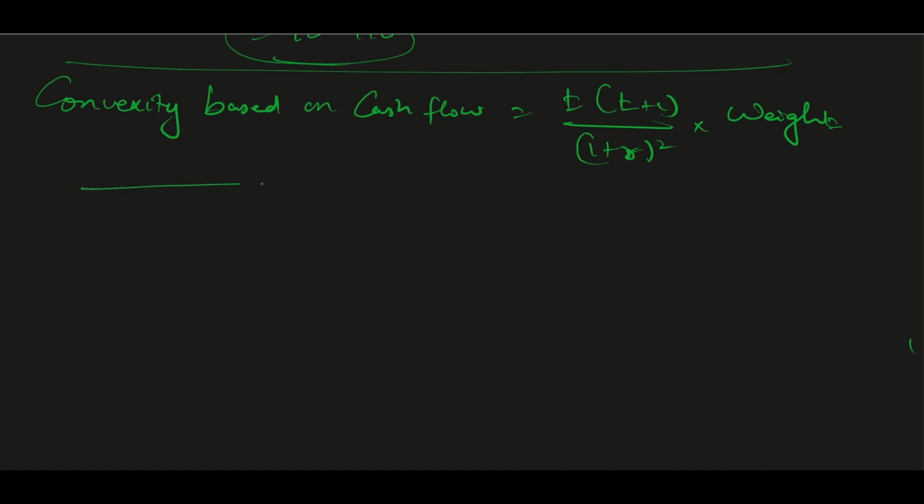Now again I'll just write the cash flow: 0, 1, 2, 3, 4, 5, and it is 11, 11, 11, 11, 11, and 100. It's the same sum, right? And that's why same cash flow.